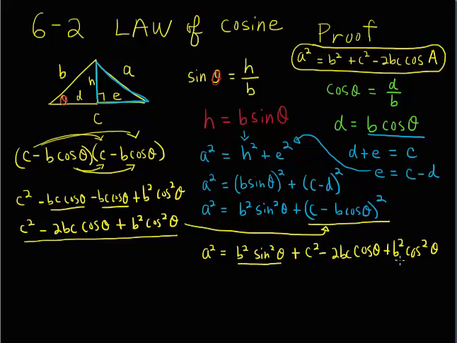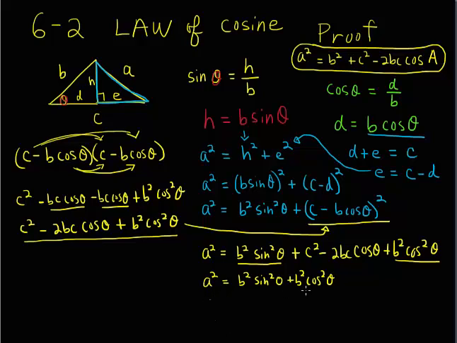These two are very nicely coined. And what we could do right there is look at this right over here, and we're going to get a square is equal to b square sine square theta plus b square cosine square theta.